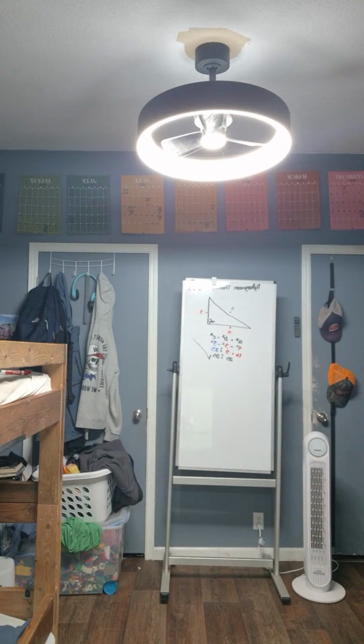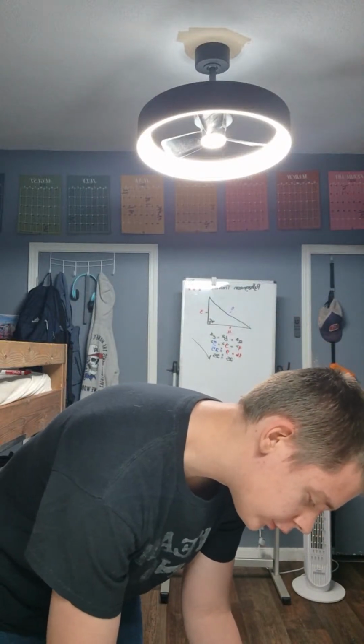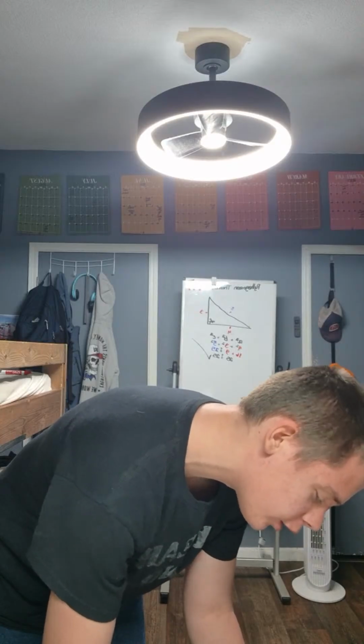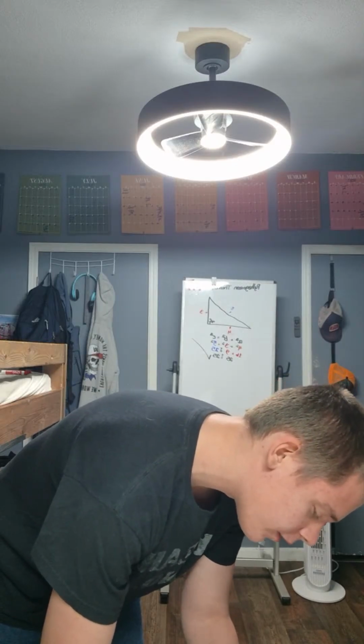Okay, so this is my thing. If you square each of those and use a squared plus b squared equals c squared, you'll get 9 plus 16 equals 25. Then 25 equals 25. And then you got it.